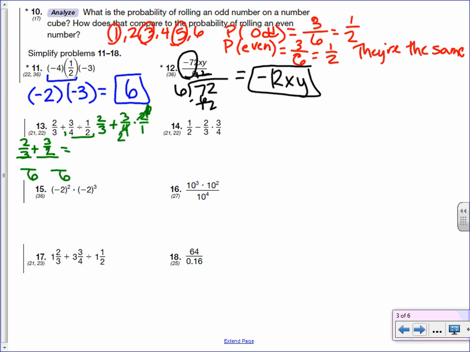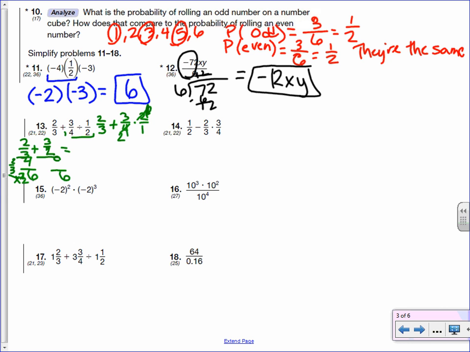So to get 2/3 as something over 6, to go from 3 to 6, I multiply by 2. So 2 times 2 is 4. And then to get 3/2 as something over 6, I multiply by 3. 2 times 3 is 6.